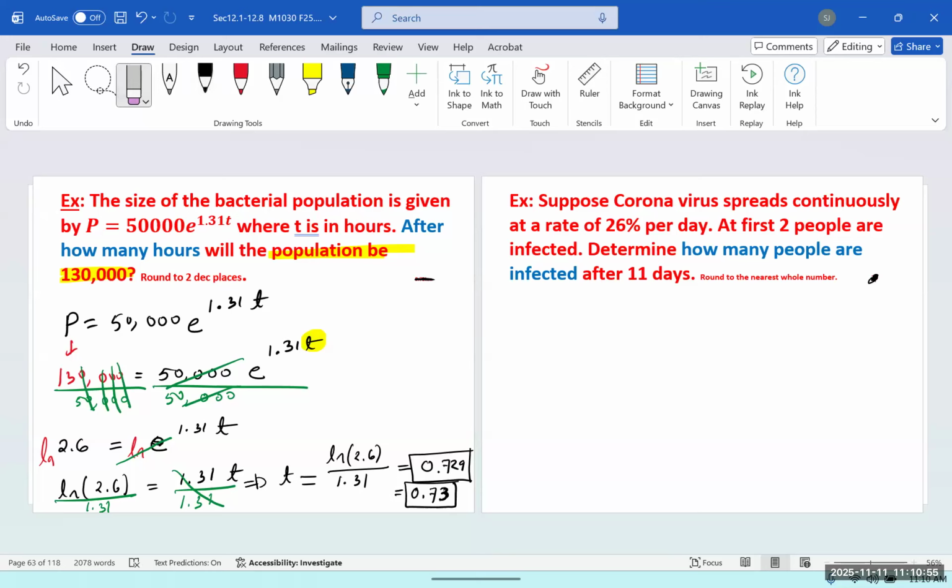It's hours, 0.73 hours, so it's close to 1 hour.